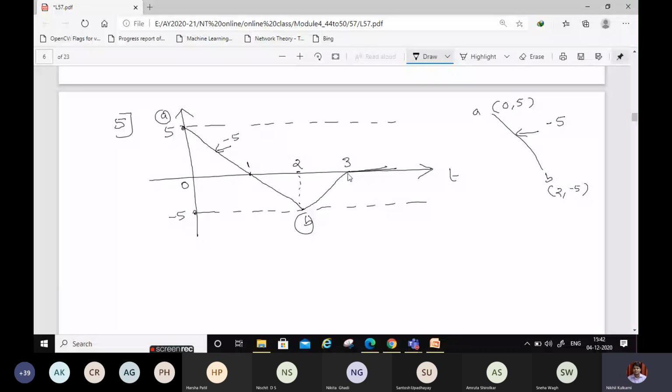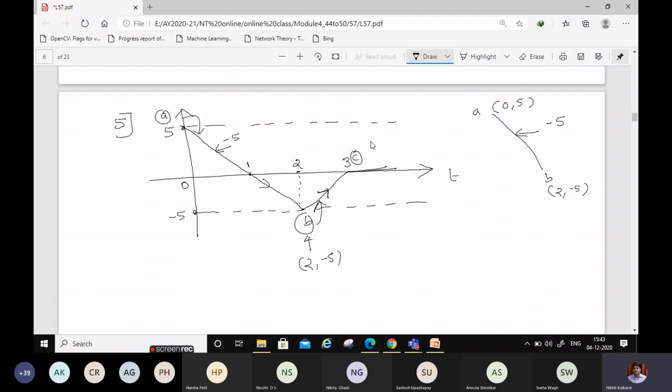So B to C, there is a change in slope. It is going upwards. The turn, if you see, upward turn, and this one is downward turn. So downward turn always should have minus. This starting point here, coordinates are 2 and minus 5.